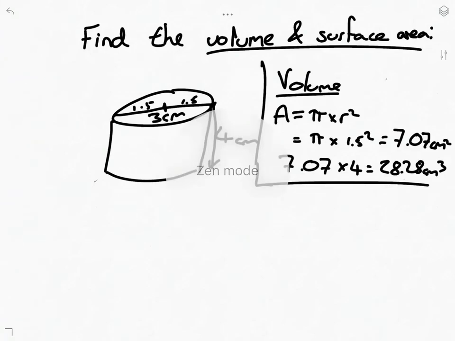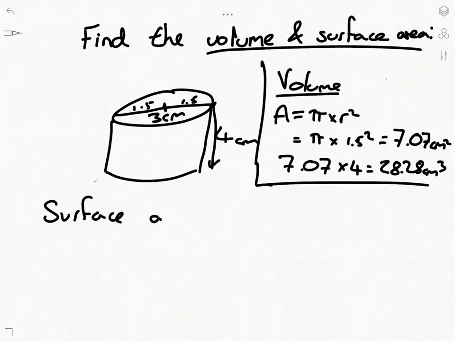Now the surface area, this one's a bit more interesting. We're going to have the circle on the top and the circle on the bottom. And then I'll talk to you about the next bit. So the surface area, first we need to find the area of the circle, which we've done already here.